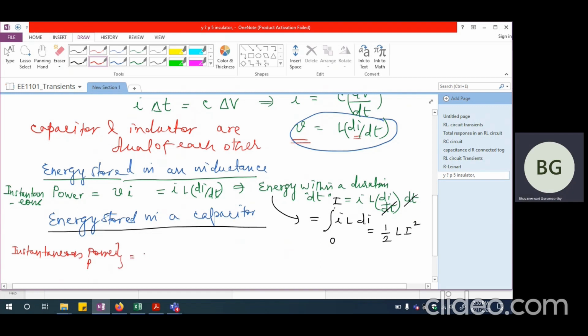That is going to be equal to V times I. And we wrote already C dV by dt as I. This has to be multiplied by V. So this is going to be the instantaneous power.